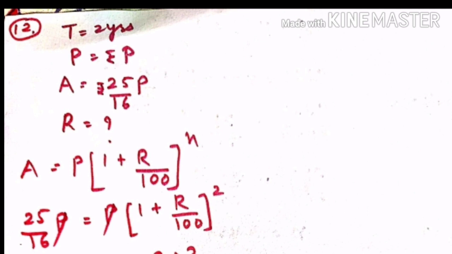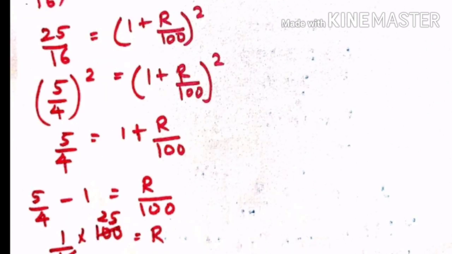Now in the next step, you can see 25 upon 16 are perfect square numbers. So you have to think that 25 is the square of 5 and 16 is the square of 4. So in the next step, 5 by 4 whole square is equal to 1 plus R by 100 whole square. Now again the powers are the same, we can compare the bases. So here I removed the powers and write 5 by 4 is equal to 1 plus R by 100.